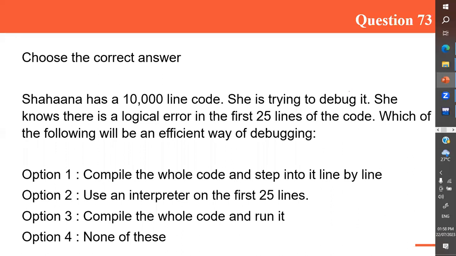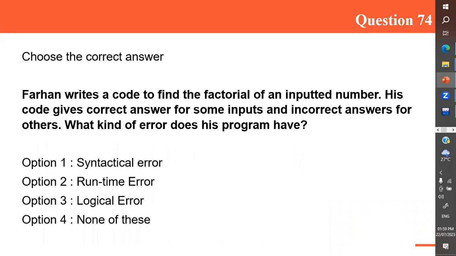Done. No need to run or compile the whole code, as we know where the error is. If you don't know where the error is, then maybe we have to check line by line, compile and run all 10,000 lines. But we know the error place. Okay. Next. This one, everyone.